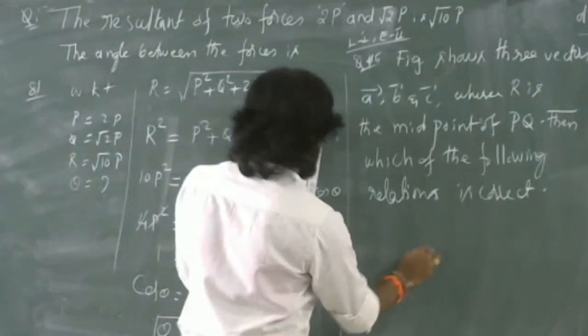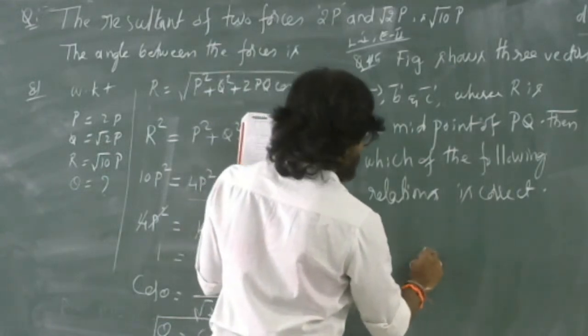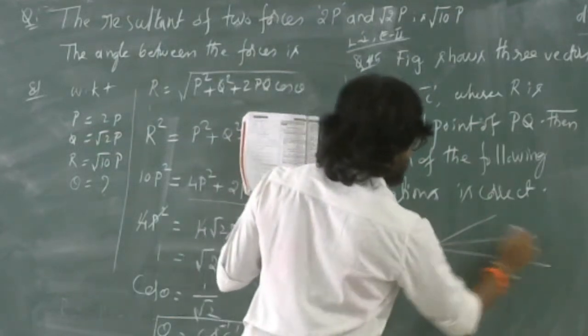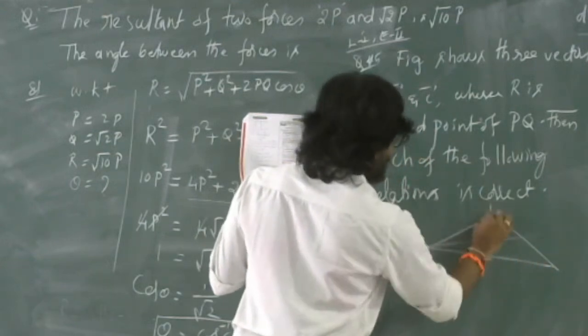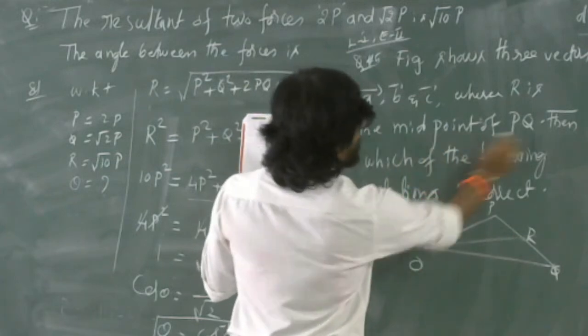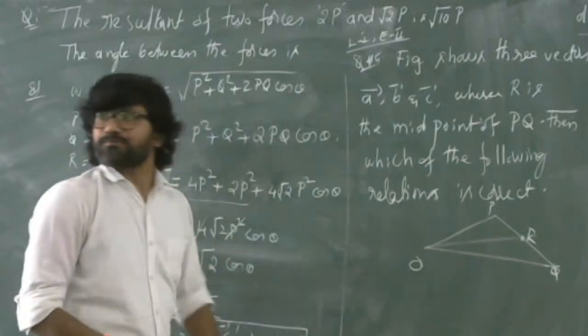So this is the diagram. This is the line, with O, P, Q, and this is R. R is the midpoint of PQ.